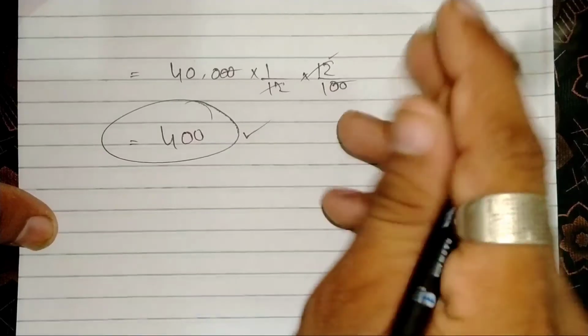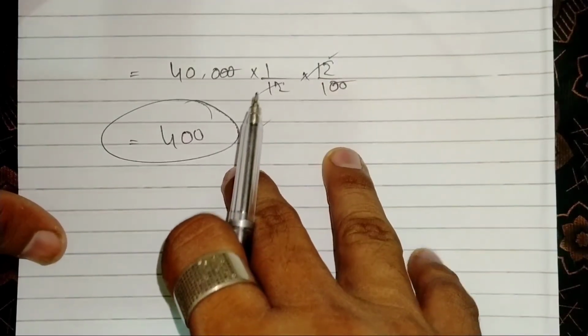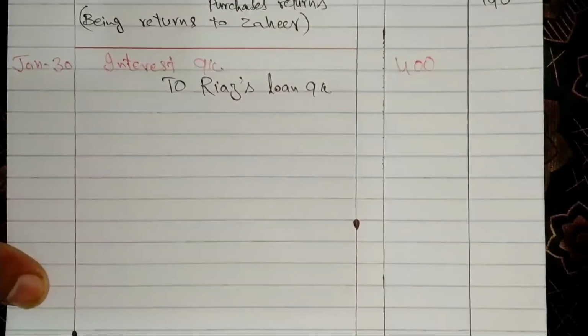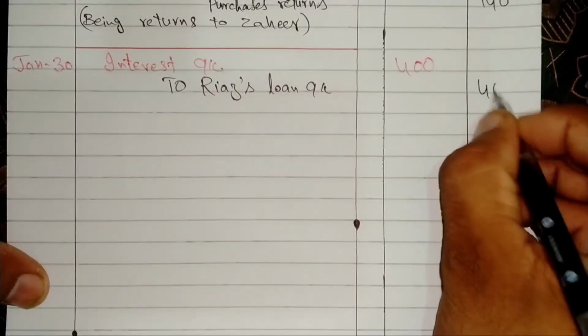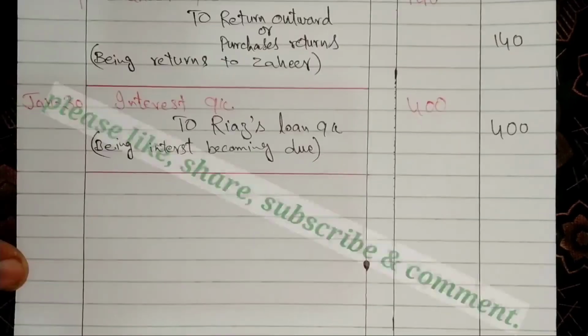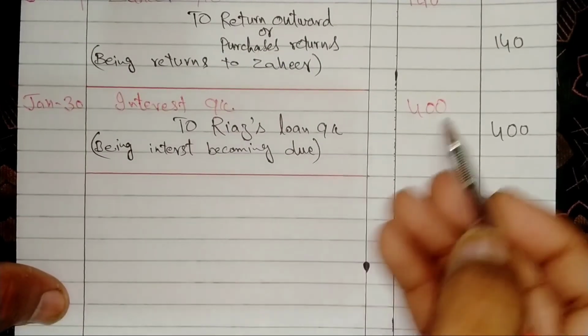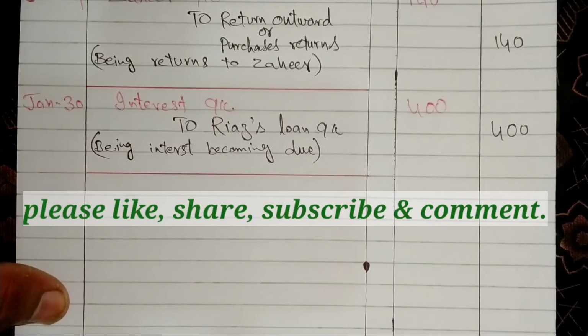This is the one month's interest, and $400 with description being interest becoming due with amount $400.